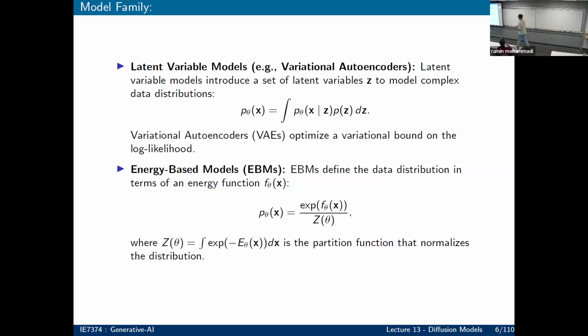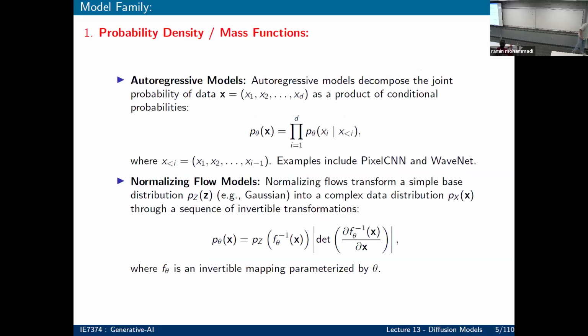Then we talked about energy-based models. What we saw previously in normalizing flow had lots of challenges, because there are lots of requirements on what types of model or network you can use. It's really limited.